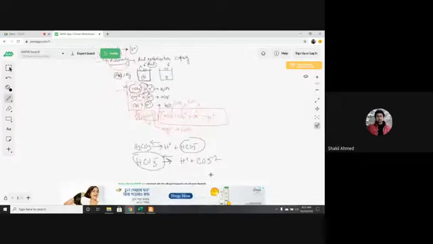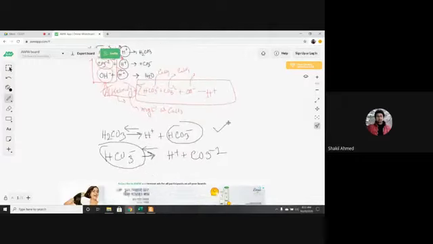Now the question is, when would this happen and when would this happen? This actually solely depends on the pH of water. So depending on the pH of the water, different types of reactions may occur.